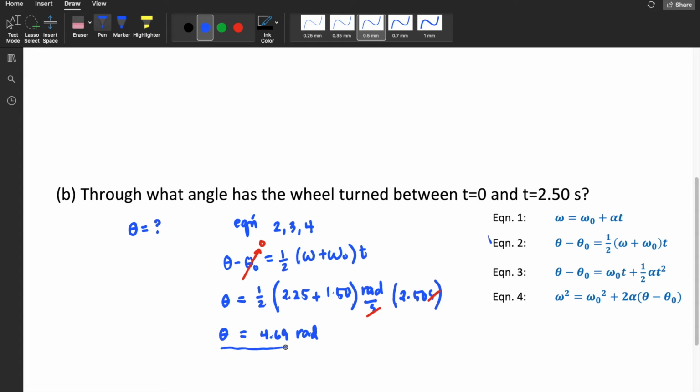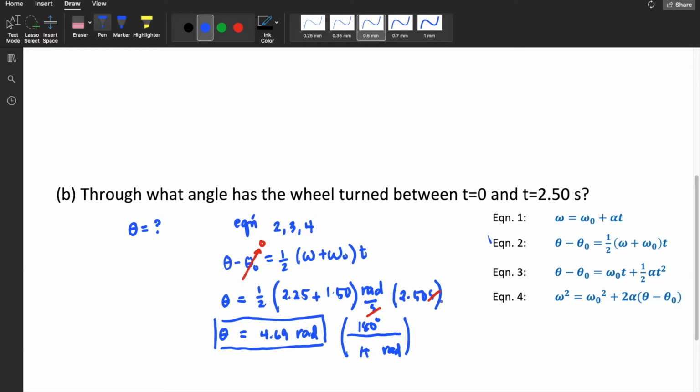We are not sure how many degrees that angle is, so all we have to do is convert. Let's convert this into degrees. You'll have pi over 180, right?